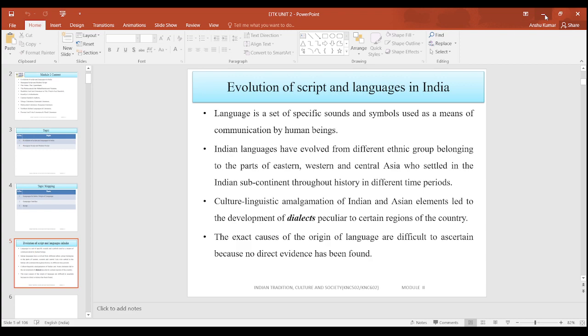Sometimes dialects become languages too. So here the three key points are language, script, and dialects.